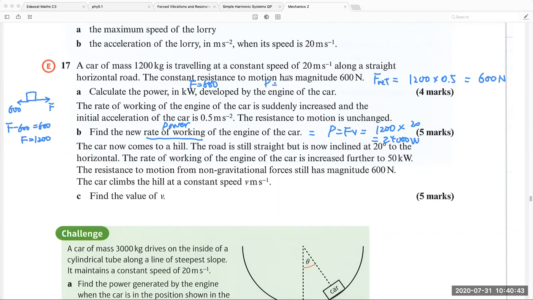Then the power is just 600 times 20, 12000. No question. Then can you find part C?